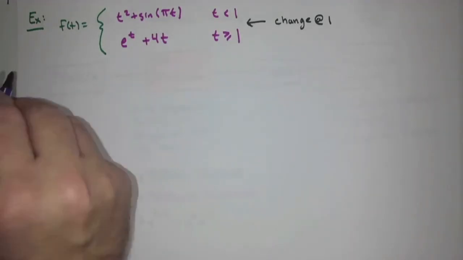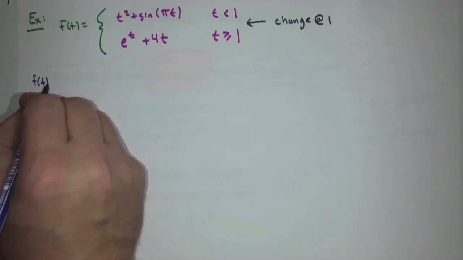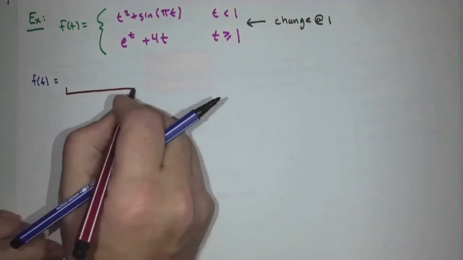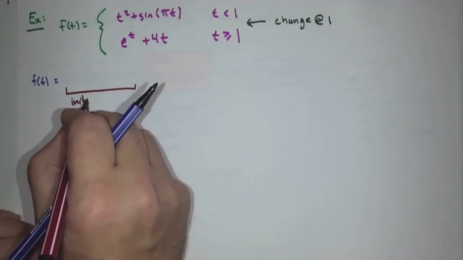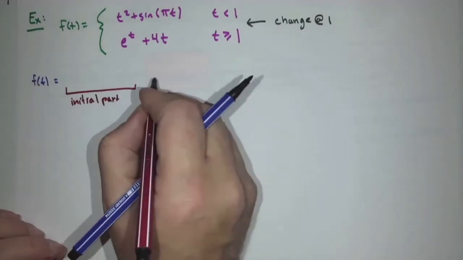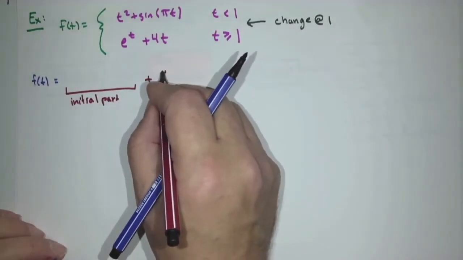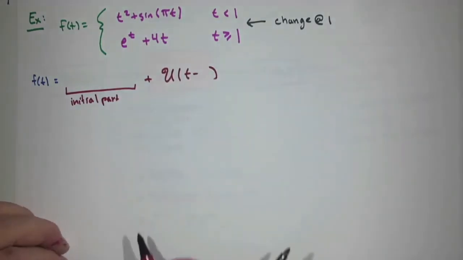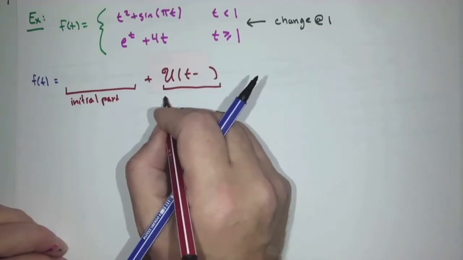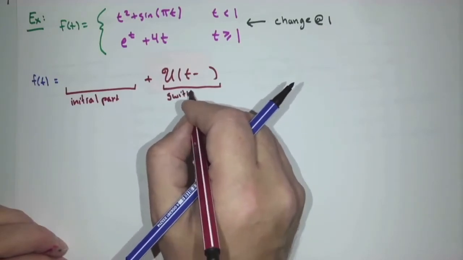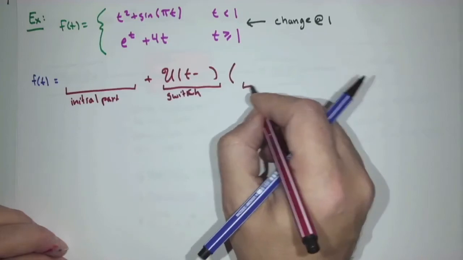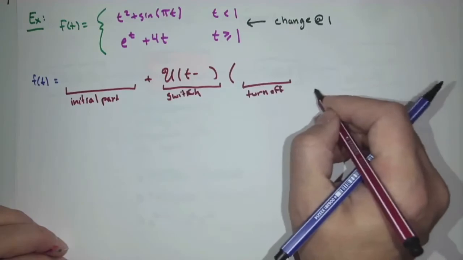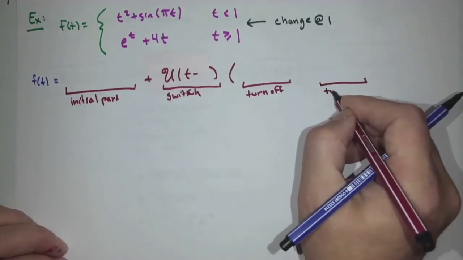So we rewrite our function. f of t equals your initial part. What's happening initially? Plus u of t minus, and this is where we switch, and then we turn off something and we turn on something.